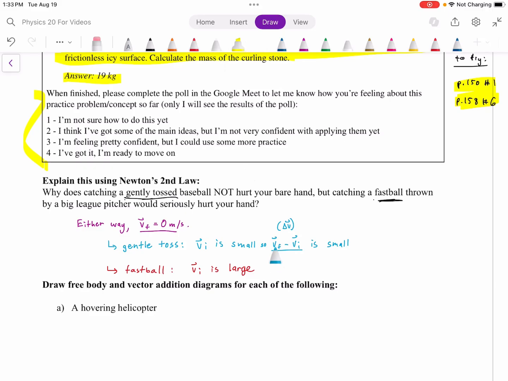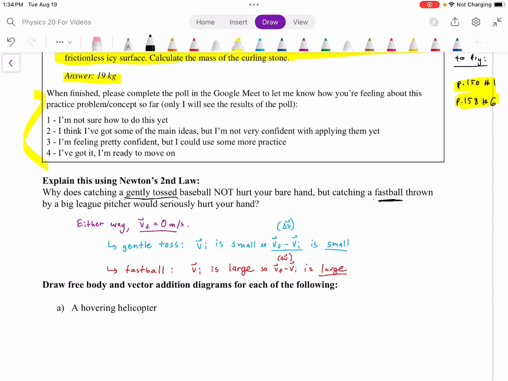If V initial is larger and V final is 0 either way, then this one is going to have a larger change in velocity. Okay, now a larger change in velocity means a larger acceleration needed to occur, right? Assuming it took you the same amount of time to catch it, which it would either way, right?